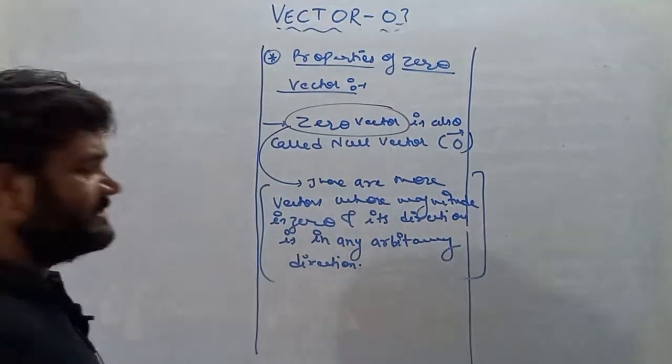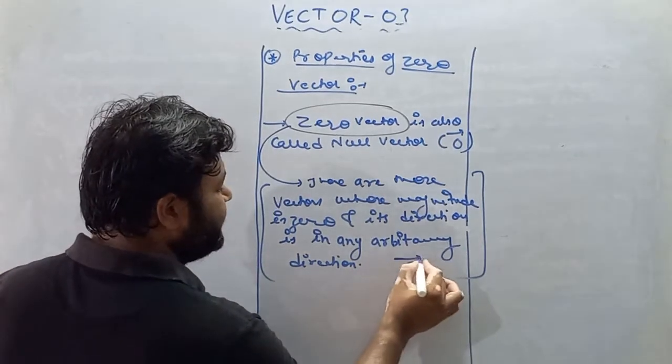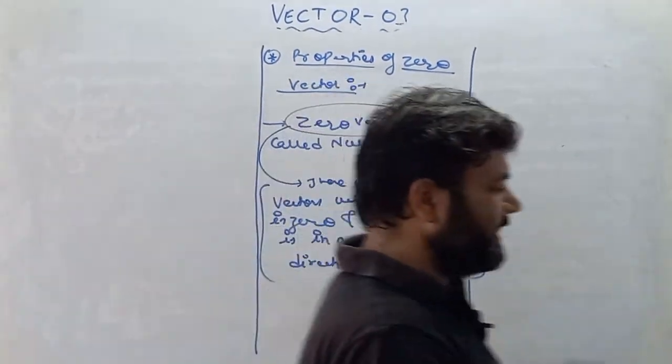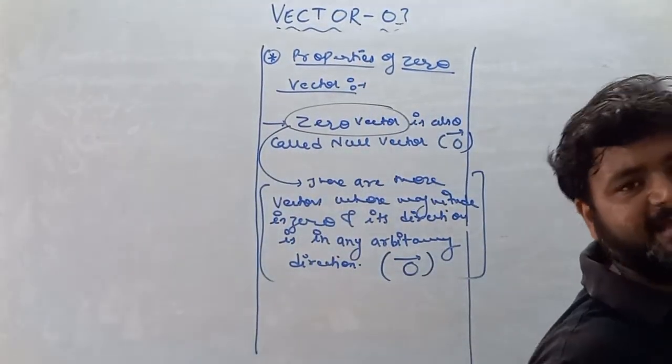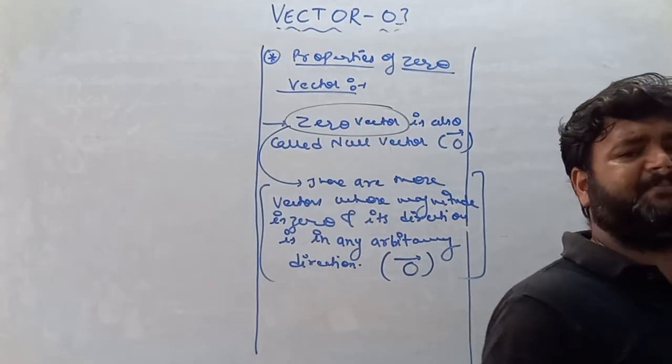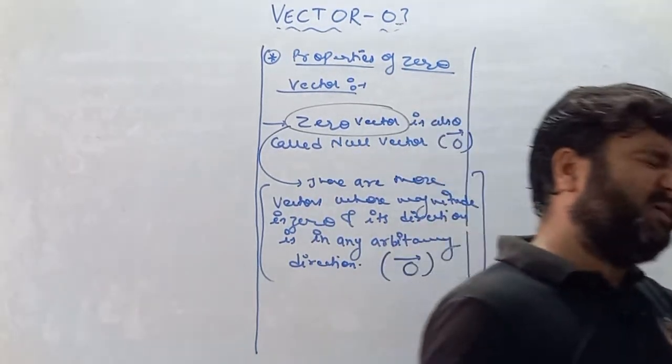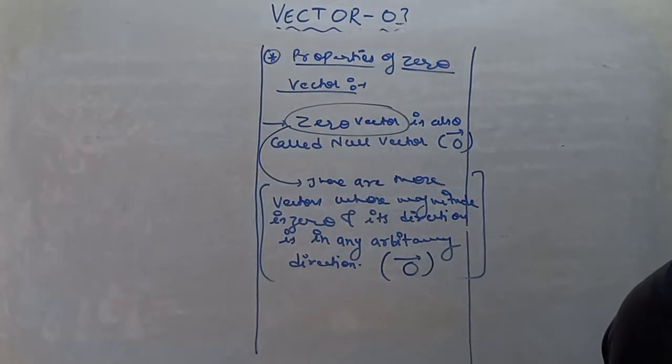So remember, my dear student, zero vector is basically a vector whose magnitude is 0 and whose direction is anywhere, any arbitrary direction. Now write down its properties.